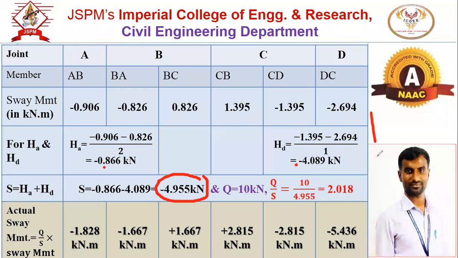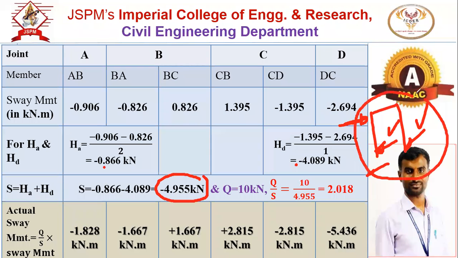Why? Because if you consider this is the HA and this is HD, both the horizontal reactions are acting on the left hand side. So to balance it, there is a sway frame, and a sway force is acting, and that sway force should act on the right hand side. समजता का बघा, दोन रिएक्शन जर लेफ्ट हँड साइडला ऍक्ट होत असतील, so to make the structure stable and at rest, due to the stiffness of the frame there is a sway force acting, and that sway force will act in the opposite direction of the reactions.